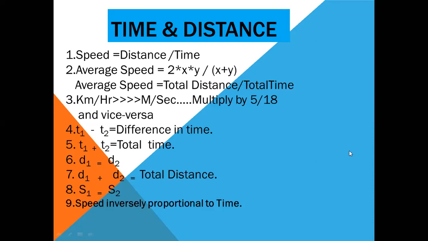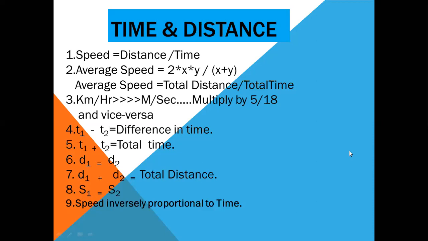So instead of changing all the units of distance and time, we can simply change the unit of speed from kilometer per hour to meter per second by multiplying by 5 by 18. And if you want to change speed from meter per second to kilometer per hour, you have to multiply by 18 by 5.